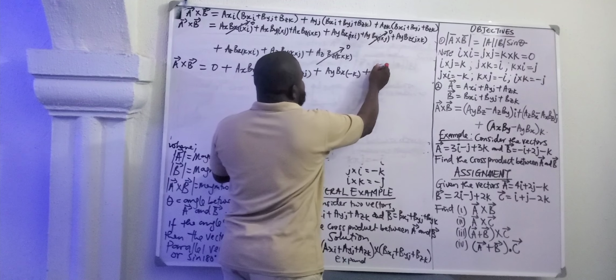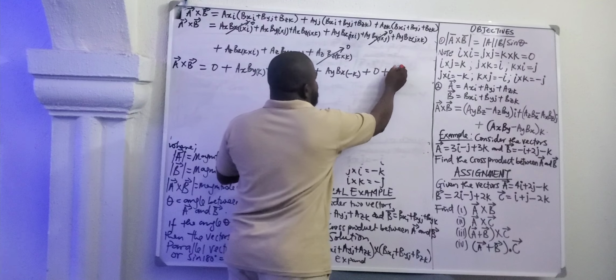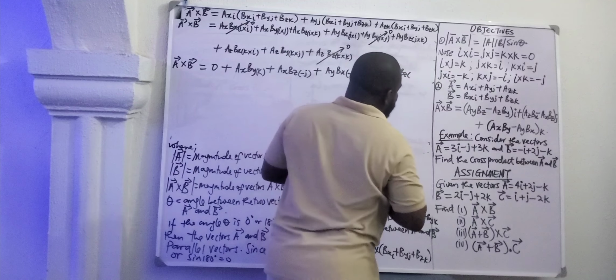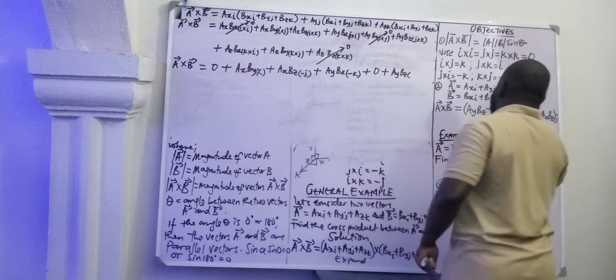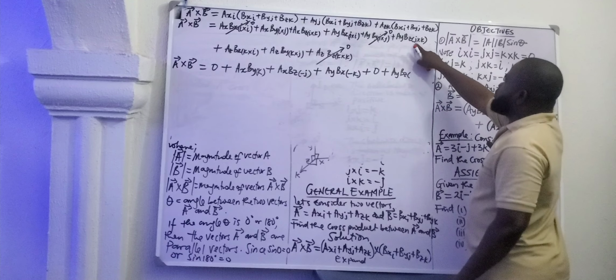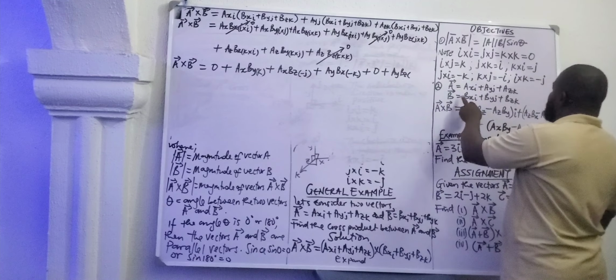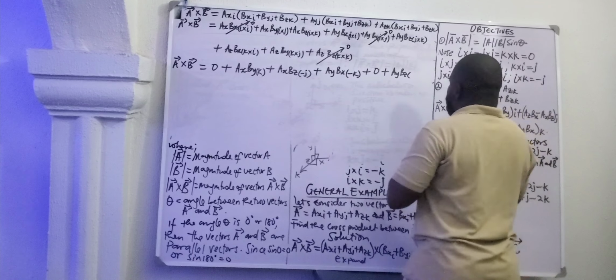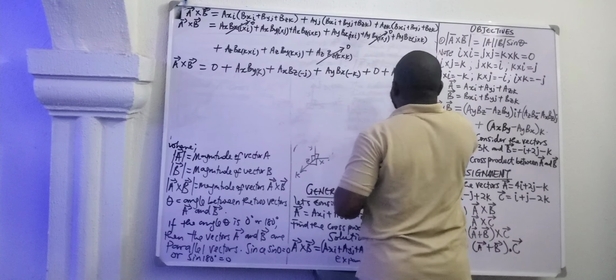Plus, this component is 0. Plus AY BZ j cross k. What's j cross k? J cross k is i. So I replace it with i.